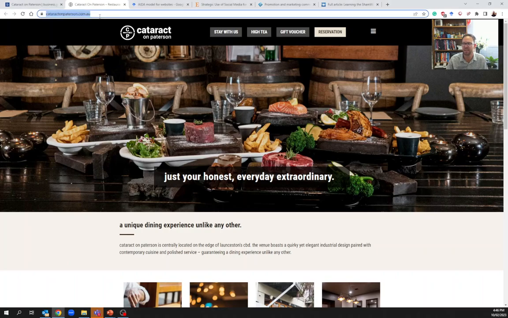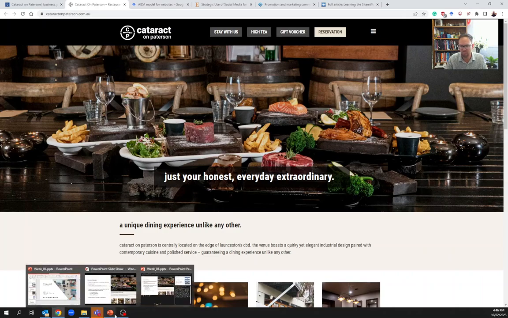This domain is actually pretty good, Cataract on Patterson, so it relates to the branding of the business. It seems to be attractive. It's pretty responsive. I know I'm recording at the moment, but if I hit that button, it's a lot faster when I'm not recording because my graphics card can't handle doing everything at the same time. But basically, it's a fairly responsive website.